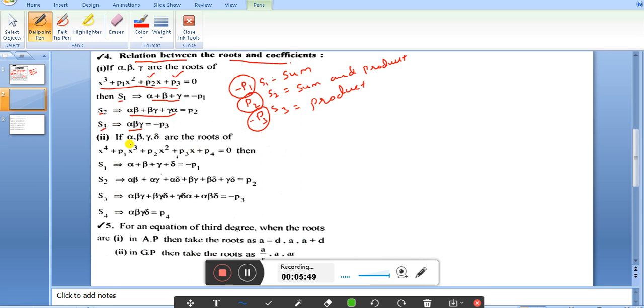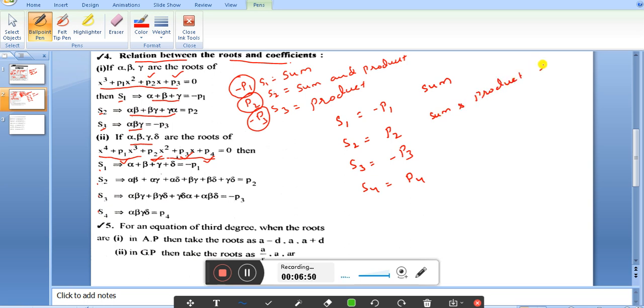If there are 4 roots for the polynomial x to the power of 4 plus p1 x cube plus p2 x square plus p3 x plus p4 equals 0, then s1, s2, s3, s4: s1, the sum of the roots, is minus p1, s2 equals p2, s3 equals minus p3, s4 equals p4. Here s2 is the sum of products taken two at a time, like alpha beta plus beta gamma.